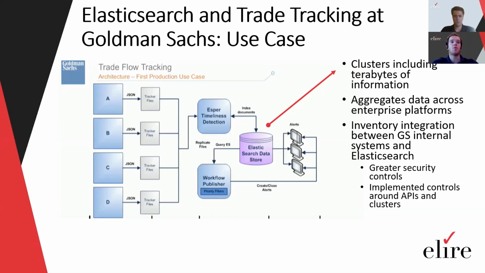So what Goldman did was take that aggregate data and build out a system using Elasticsearch that provided overall status alerts and gave them a defined workflow that showed the overall progress of a trade. It gave them a real-time status update overall instead of from their disparate systems or disparate trading partners.